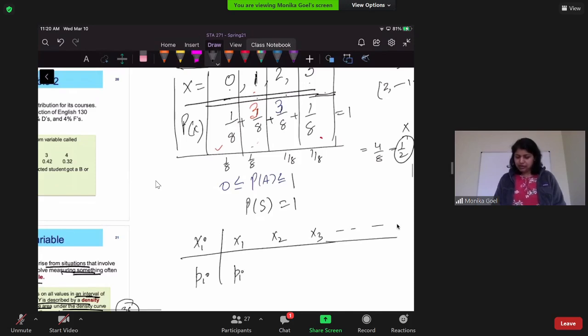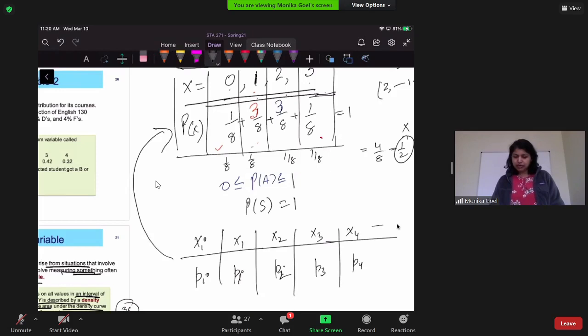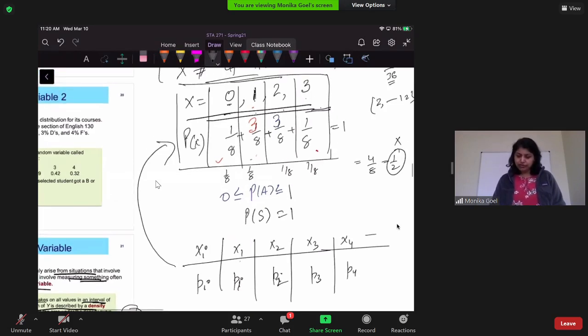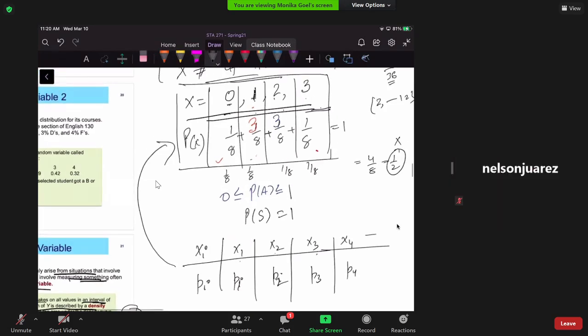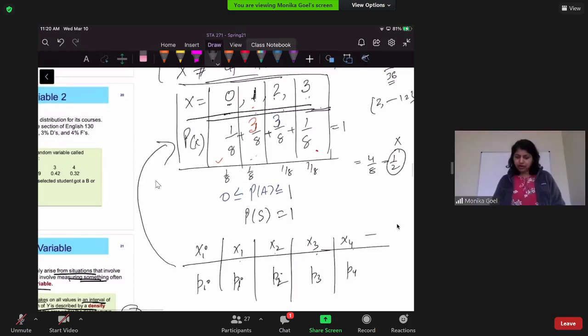And then this is the corresponding probability, p1, p2, p3. We're talking about exactly this table. So let's say my x1 is 0, x2 is 1, x3 is 2, and x4 is 3. And their corresponding probabilities: p1 is 1/8, p2 is 3/8, p3 is 3/8, and p4 is 1/8.